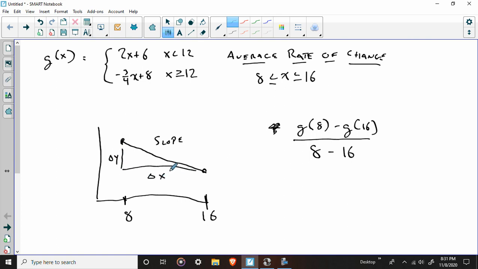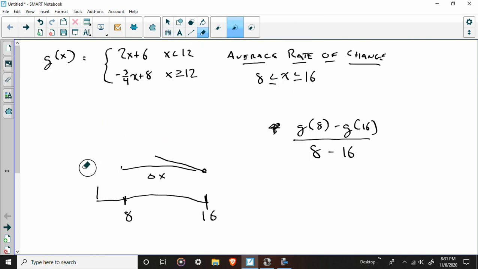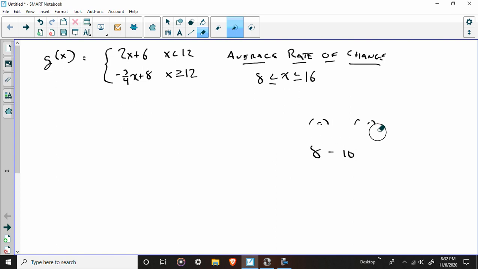That's rise over run. It's just a newer, fancier way of writing it. So pretty straightforward. What might have thrown you off is this piecewise function, that it's going over these two different parts here. But essentially all we got to do is plug in this lower boundary here, this 8, plug in this 16, and find the rate of change.